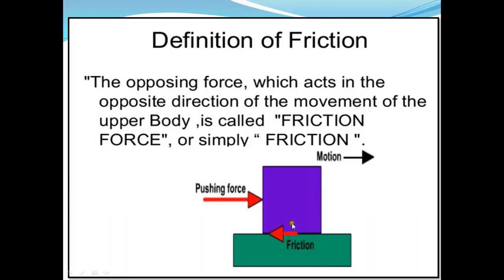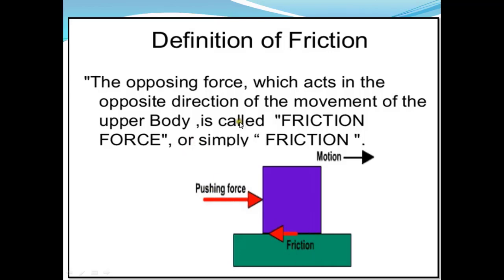Here you can see that this is the upper body where the opposing force acts in the opposite direction. So this is the friction. You are pushing it in the direction where it is showing the pushing force, and the friction is in the opposite direction.